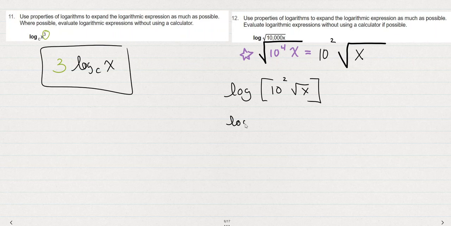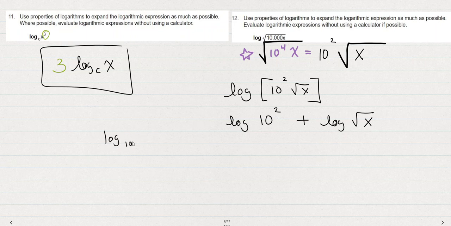And then when we expand it, log base 10, right, of 10 squared plus log base 10 of square root of x. Do you see what, without even calculating it in a calculator, log base 10 of 10 squared is going to equal 2. Why is that?